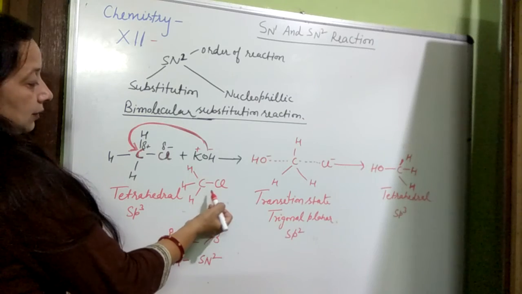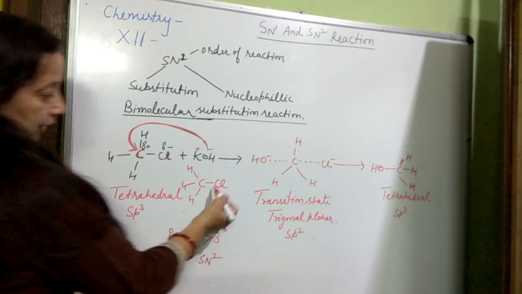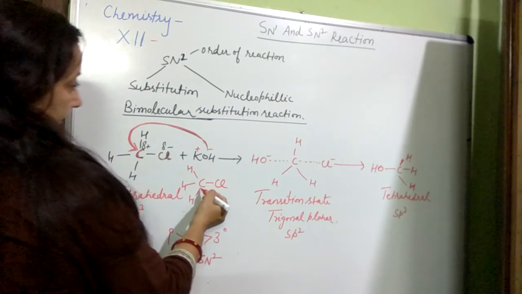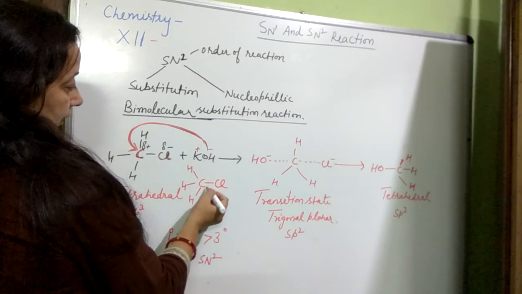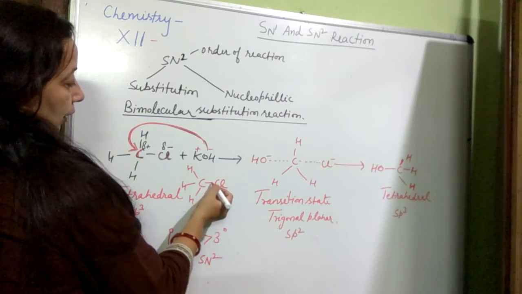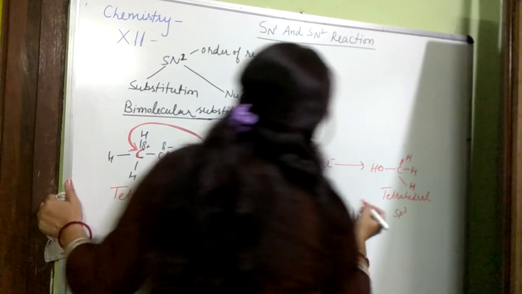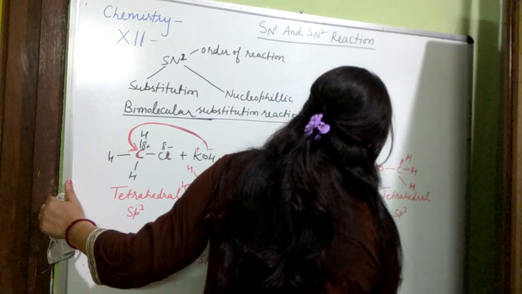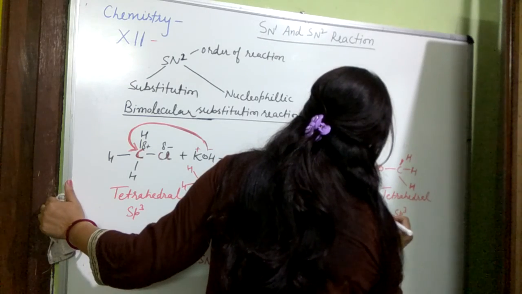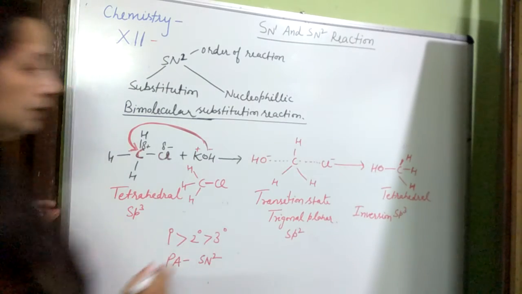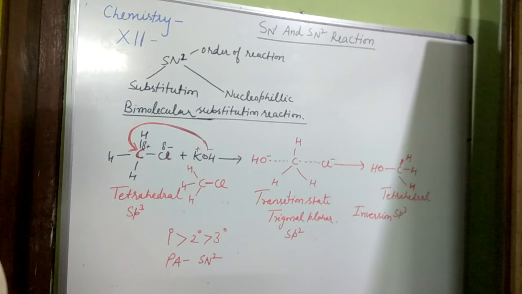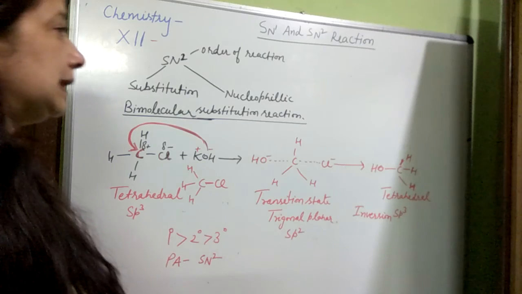So the molecule changes its space, the position of the molecule is changed, and this is called inversion. This process is known as inversion. So SN2 reaction shows inversion and SN1 reaction forms racemic mixture.